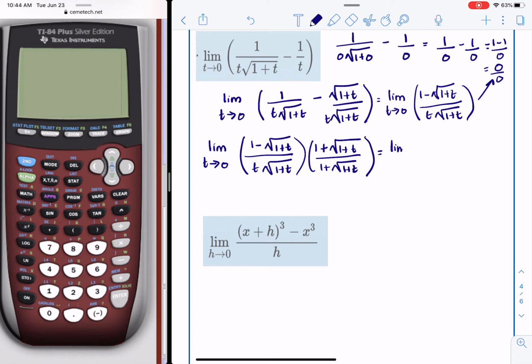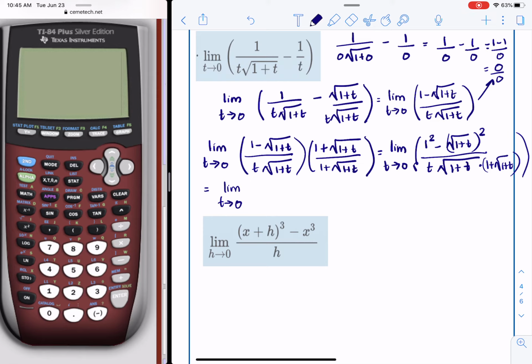And if I FOIL the numerator, I'll get 1 squared minus square root of 1 plus t squared, divided by t times square root of 1 plus t times 1 plus square root of 1 plus t.